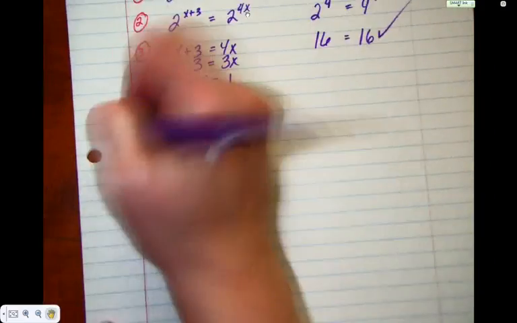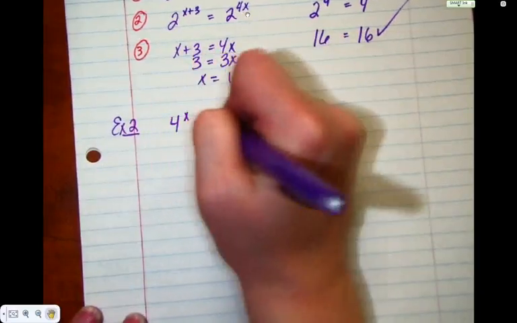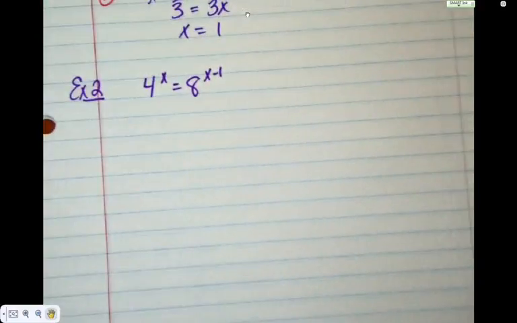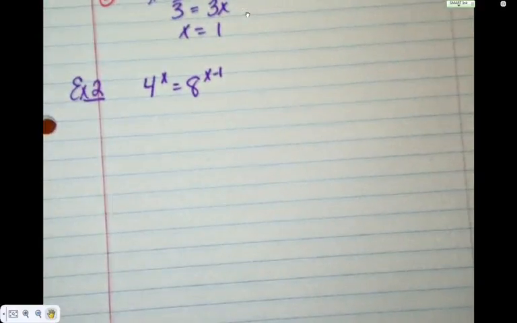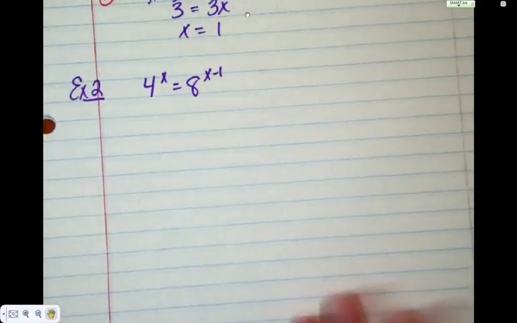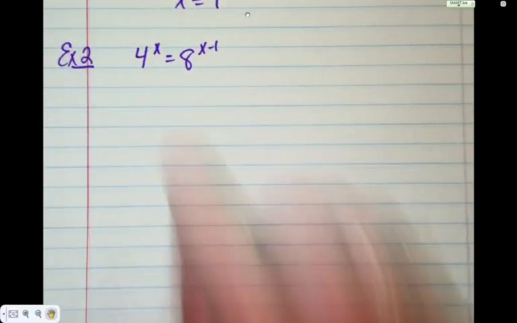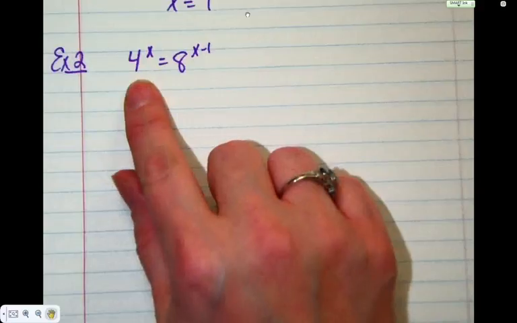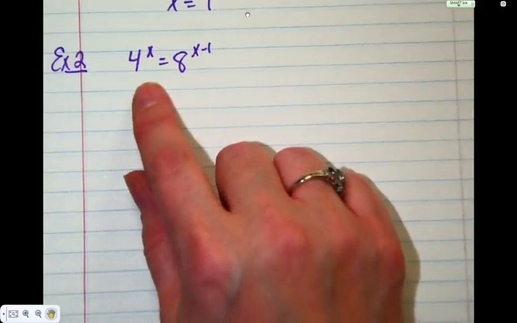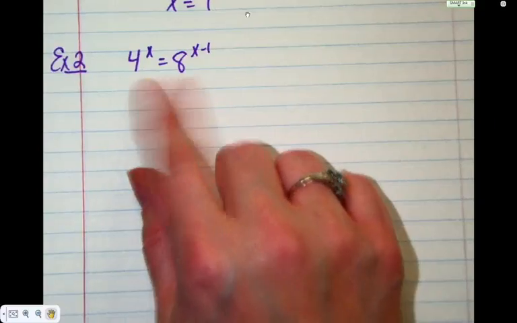Okay, let's look at number 2. Common base, common base, common base. So we look at 4 and we look at 8. Can I change 8 into a base of 4? 4 squared is 16.